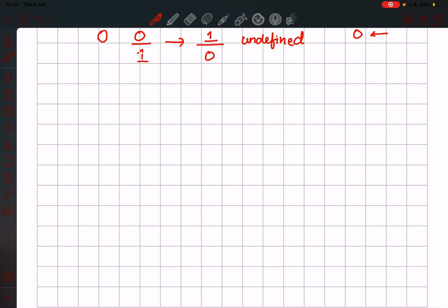Looking at the second question, we've got the equation of a curve y equals 2x squared minus 7x plus 3.